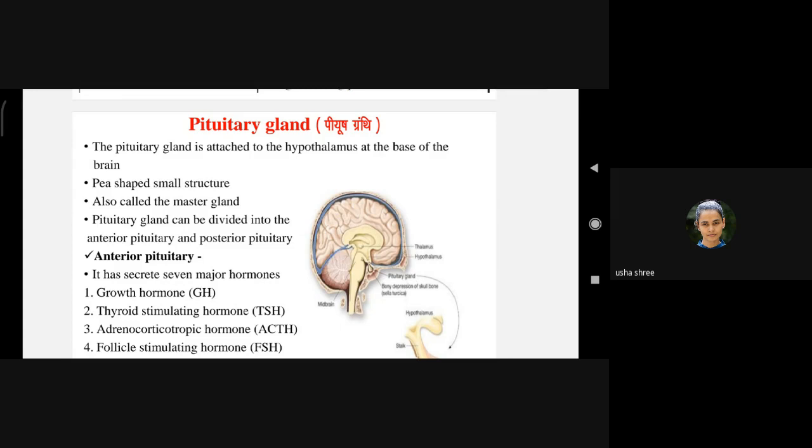But as we get older, as we become adults, this intermediate portion is vanishing.